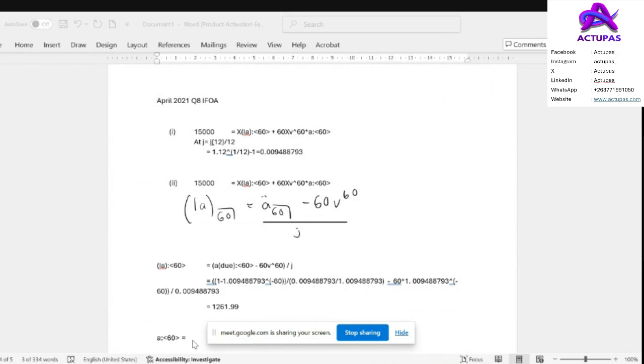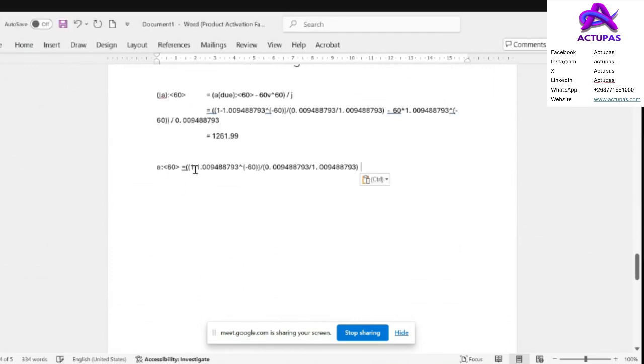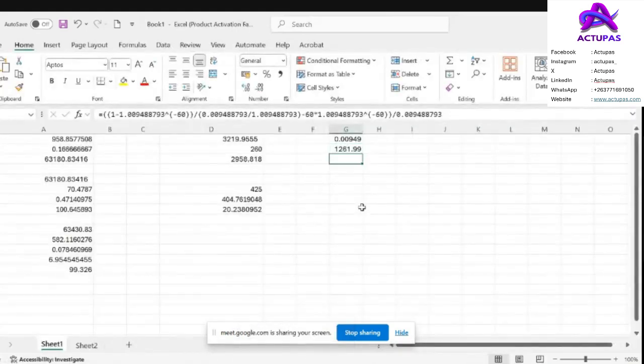So to get our a60, we just take the ä formula, 1 minus that, and the denominator is now just J. In this case, copy this and paste it here.